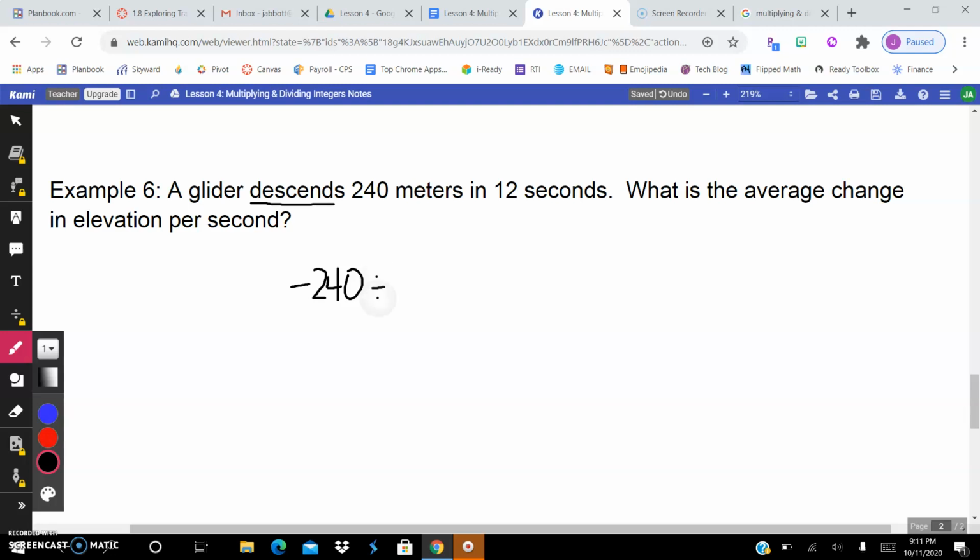So I want to divide this by 12. 240 divided by 12 would be 20. And a negative divided by a positive, so I have one of each, that's going to be a negative. So the glider is descending 20 meters every second, so going down 20 every second.